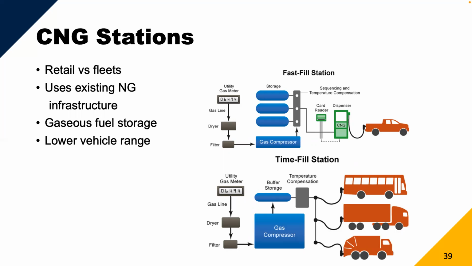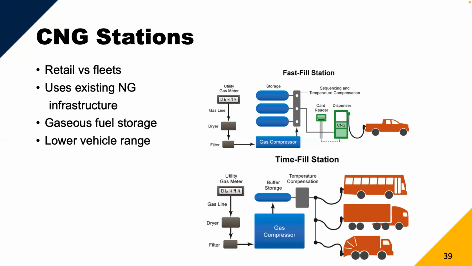There are a couple of different types of stations that can refuel. You have a fast fuel station. The way this works is that you have a bunch of sequential storage devices so that you can run at these higher pressures, dispense into a vehicle, and then quickly fill up the storage again to dispense fuel.